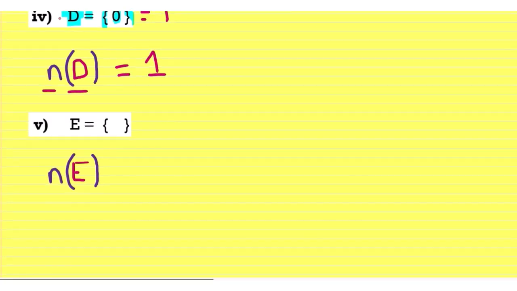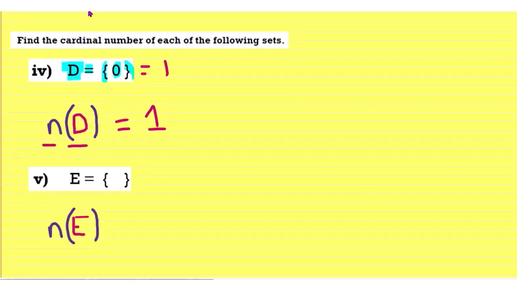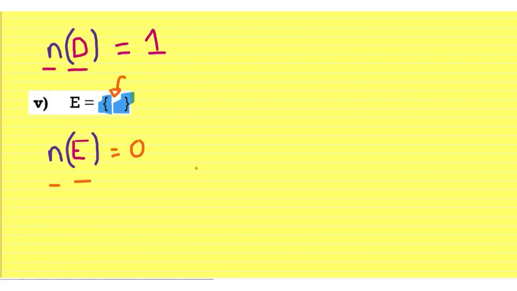And the next one is what we talked about at the beginning. The fact that this is the empty set. When we have a set of brackets with nothing in it, that is referred to as the empty set. So the cardinality of set E here is equal to 0 because there are no elements in it. It literally is an empty set and there are 0 elements.